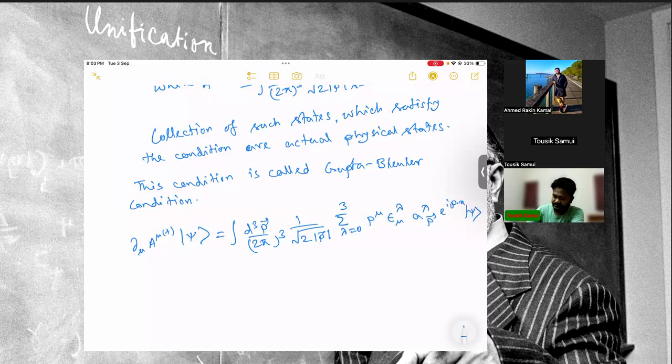So let us call this a physical state. Okay, physical state, and this is a physical state, and hence this. So let us write this down.